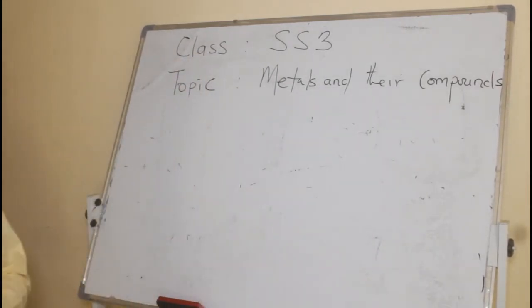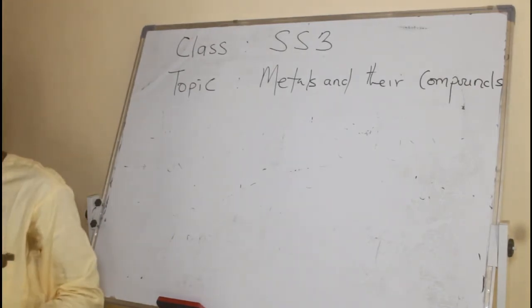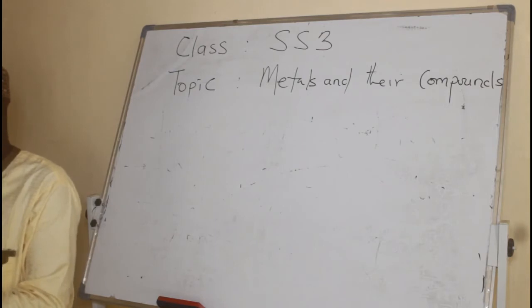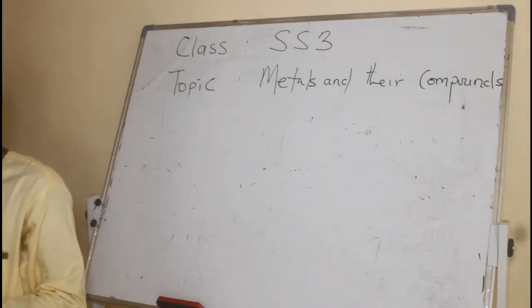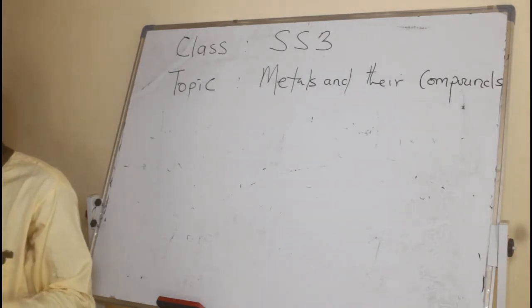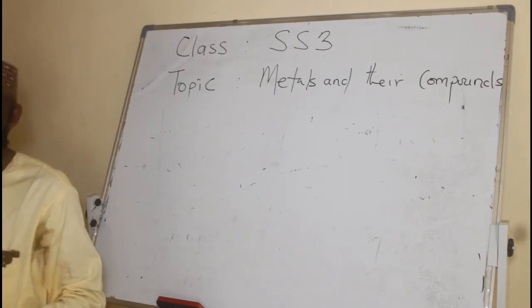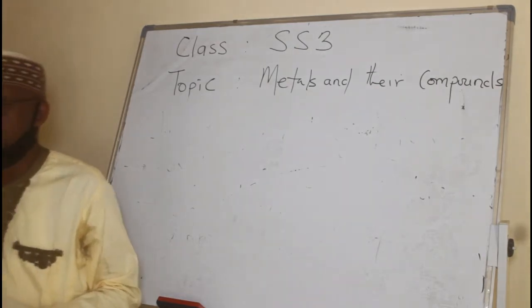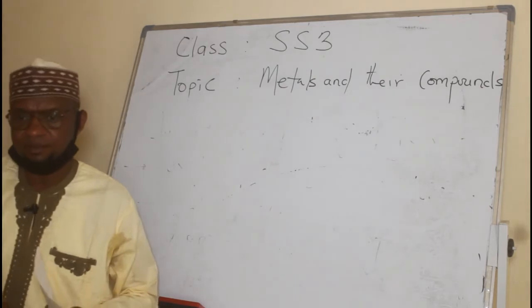Before then, I would like to tell you something. The reactivity of metals. Their reactivity differs. If you remember the electrochemical series, whereby we have different elements arranged based on their reactivity. Some metals are more reactive than others. Some metals are quite more reactive than others.